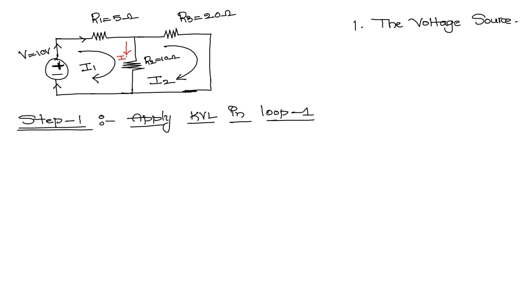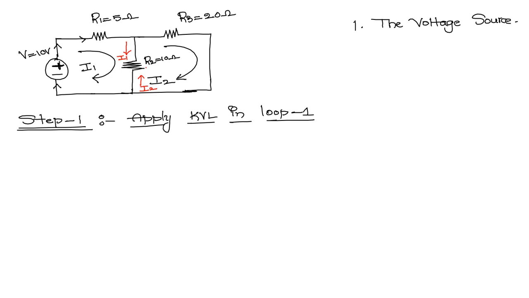As per the direction of I1, through R2 the direction is downwards. And I2 is also clockwise, but through R2 the direction of I2 is upwards. It means whenever we get the voltage drop across R2, we need to consider both I1 and I2.